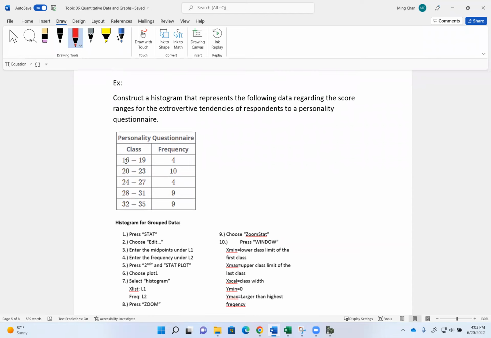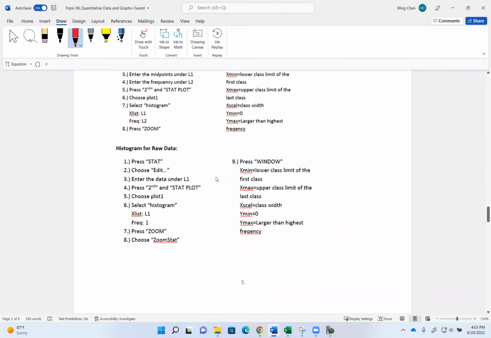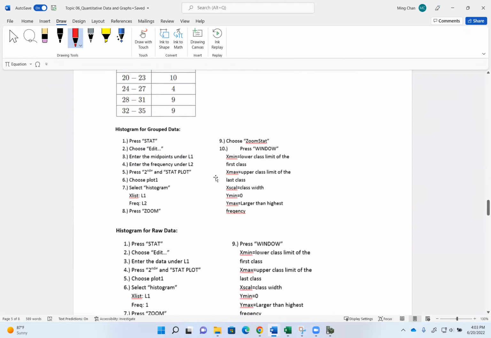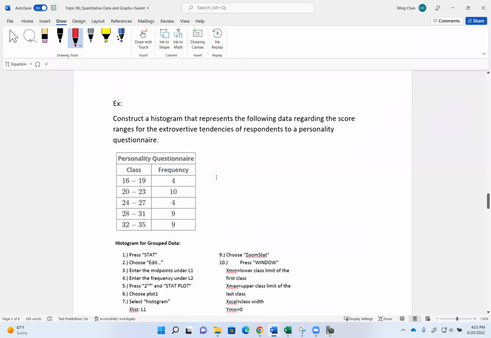But exactly what each person scored is unknown. We don't know whether all 4 of them scored 16, all 4 of them scored 19, or 3 scored 17. We don't know any of that information. So in this type of grouped data, what we will do is assume the midpoint is everybody's score.